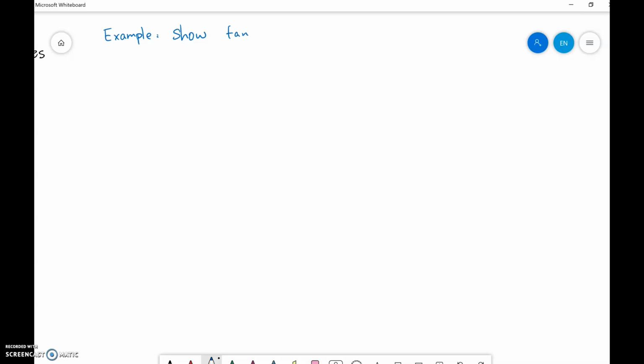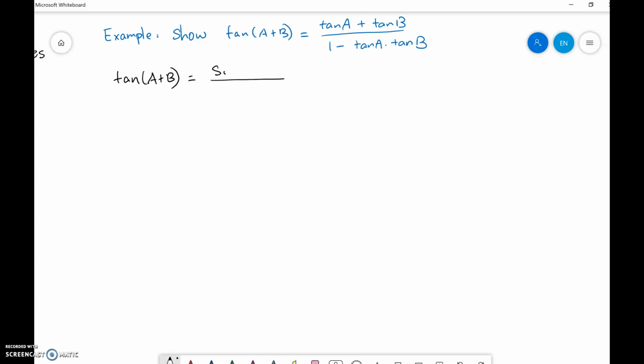I'm going to show that tangent of a plus b equals tangent of a plus tangent of b over 1 minus tangent of a times tangent of b. Since we have tangent, that means it is a fraction, sine over cosine. So now we can use the sum formula for both sine and cosine.